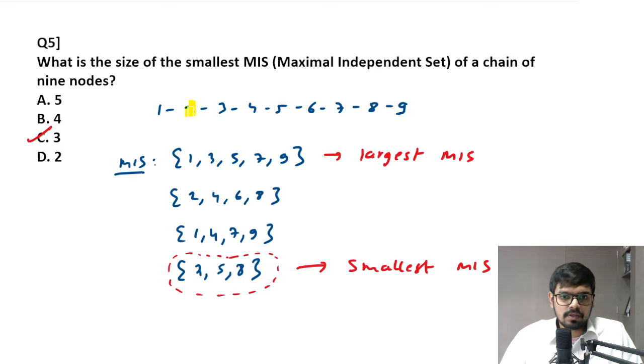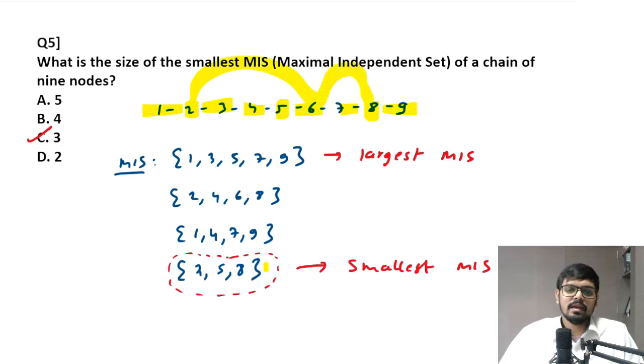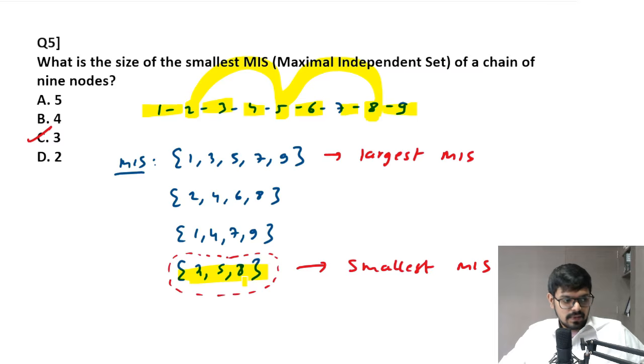Let me start with 2. Left, right, I won't consider. Then I will take this 5. Left, right neighbors I won't consider. Then I will take 8. Left, right neighbors I won't consider. So 2, 5, 8 were such vertices which had left and right neighbors, and giving them the neighbor means avoiding them. 2 having 1, 3, avoid. 5 having 4, 6, avoid. 8 having 7, 9, avoid.